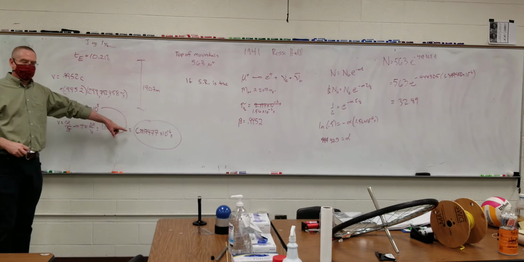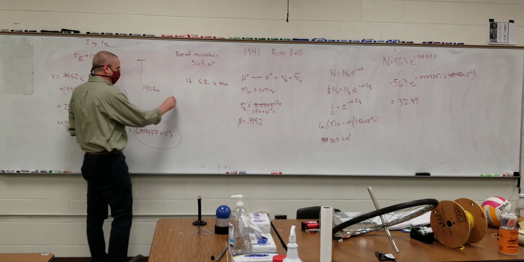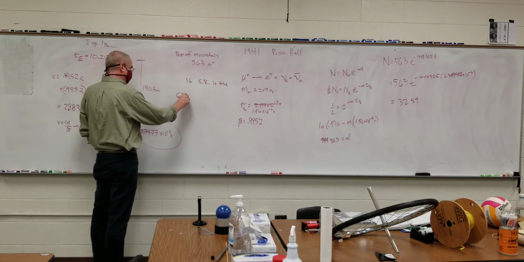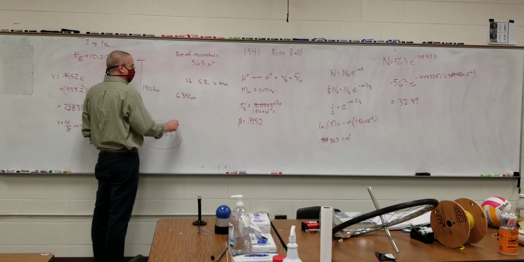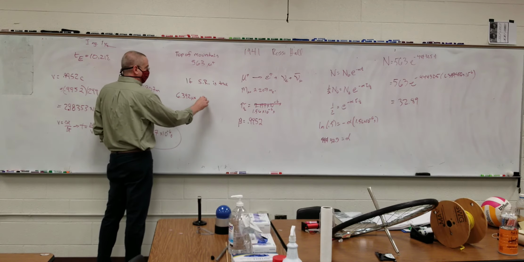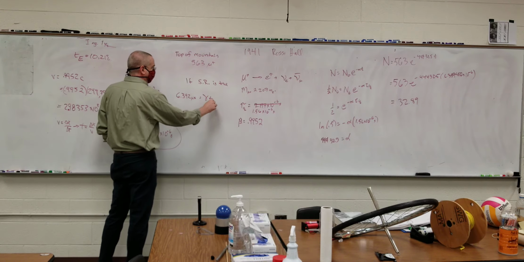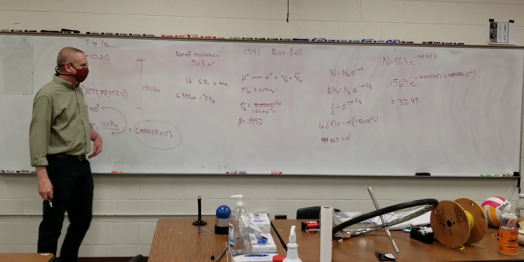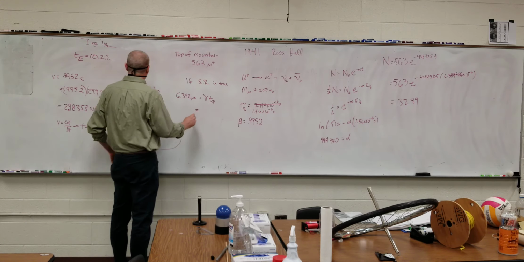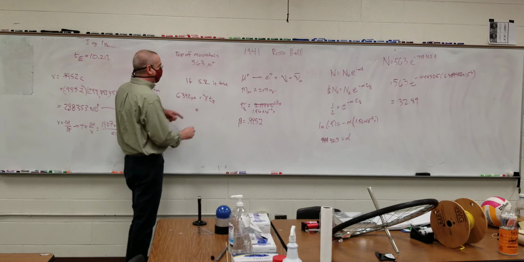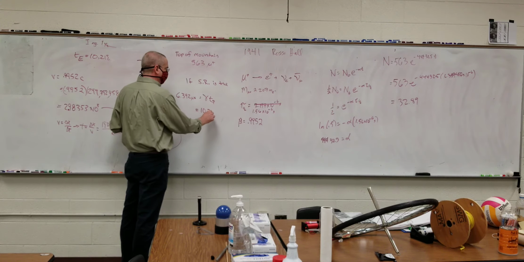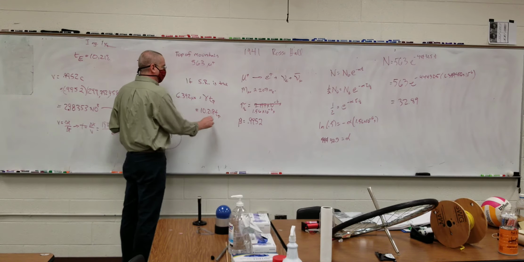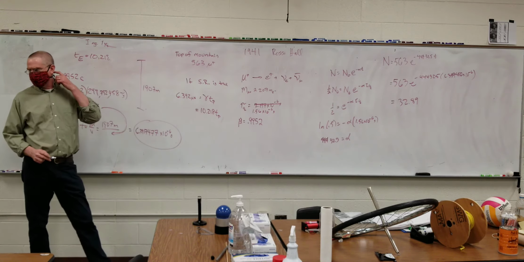Well, 6.392 microseconds passes for us. That would be equal to gamma times proper time from the muon's point of view. And gamma was 10.218. That's what we calculated before, right?